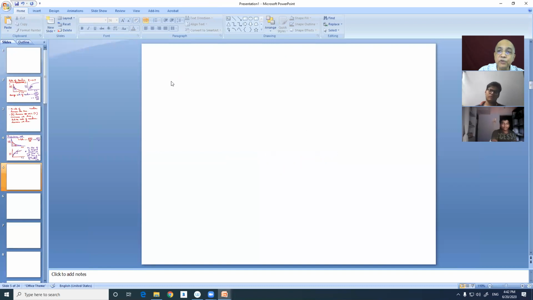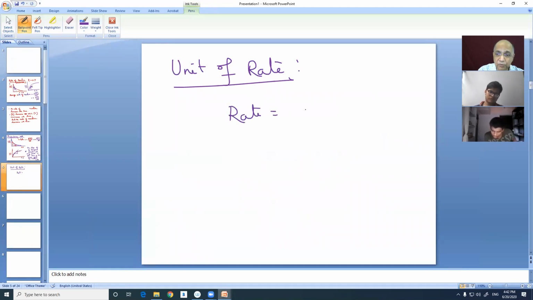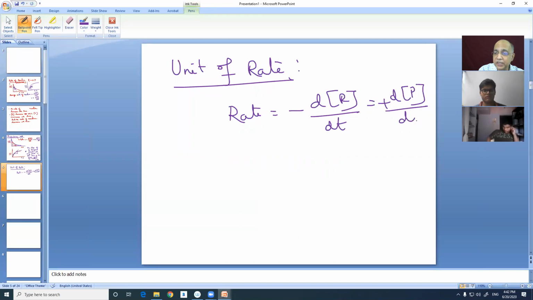The unit of rate is always the same, fixed. That is, rate is equal to minus dR by dt or plus dP by dt. So that is the unit of concentration divided by the unit of time. That is, concentration is molarity and time is time inverse. This is the general unit.